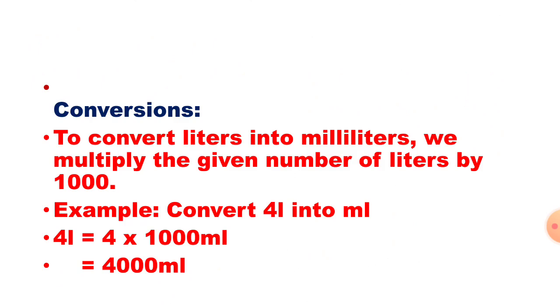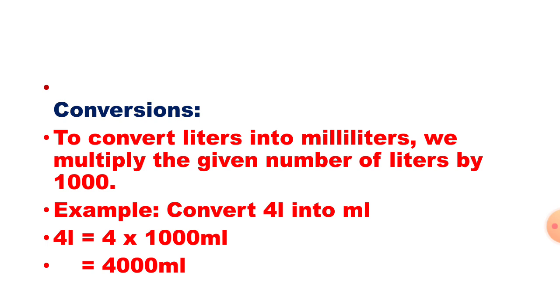Let's look at this example. Conversions. To convert liters into milliliters, we multiply the given number of liters by 1,000. This example says, convert 4 liters into milliliters.